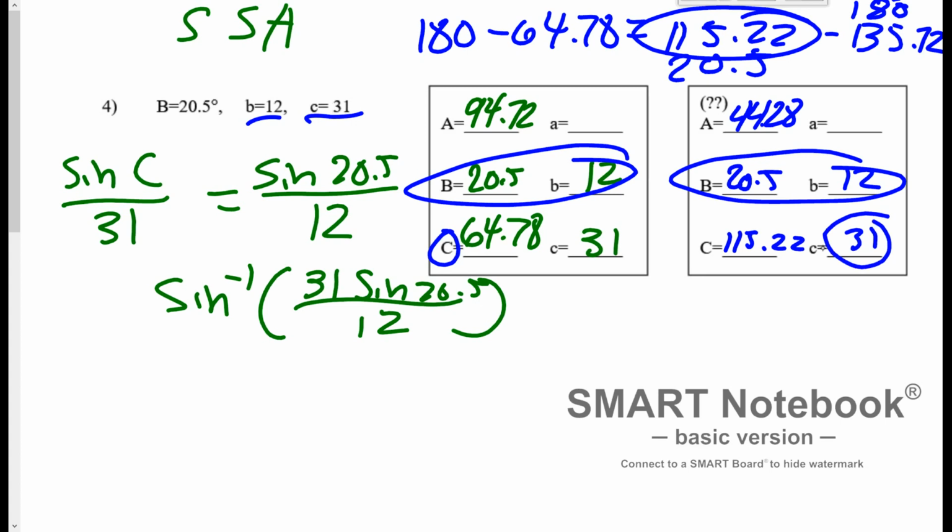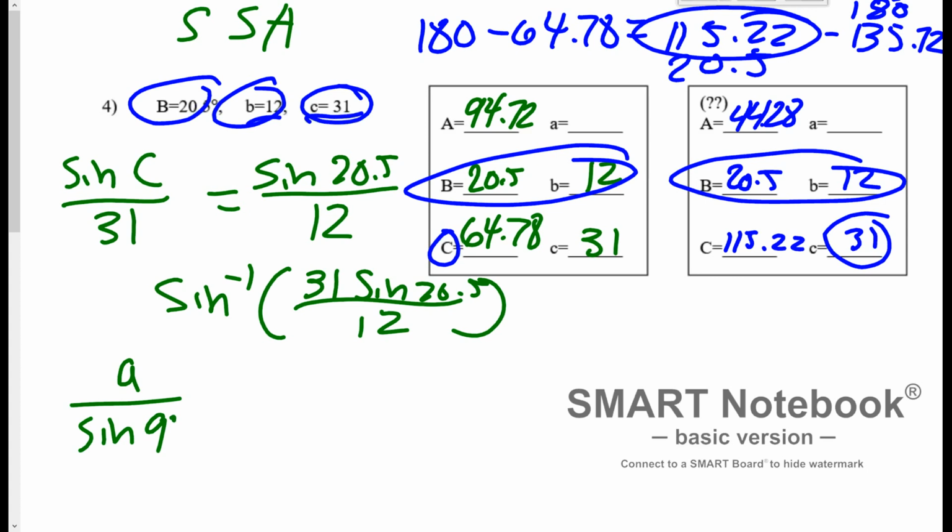This part is the same because those are all the three things that I was given. Okay, but I have a new angle A and a new angle C. All right, so now for both of these I just have to solve for side A, right? So for the green one, I have little a over sine of opposite angle equals the original that I'm given, so B and B.